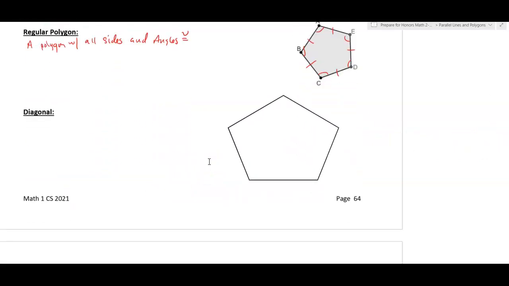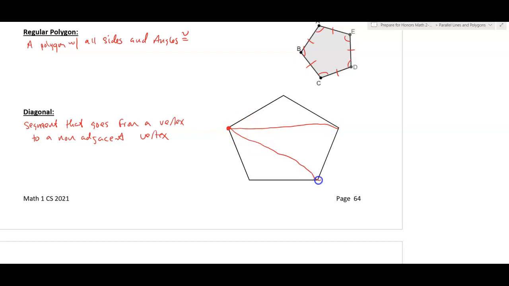Now, a diagonal is a segment that goes from one vertex to a non-adjacent vertex, meaning it doesn't touch a neighboring one. So this vertex, you could draw a diagonal there and there.